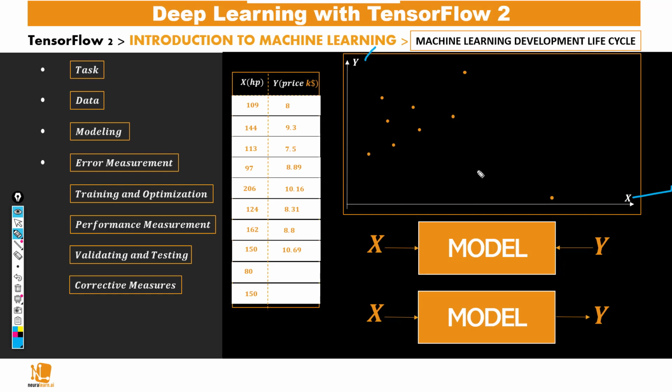That is, if we increase the horsepower, generally or overall, we have an increase in the current price. And if we reduce the horsepower, we have an overall reduction in the current price. Now, we may have this point here, which is what we call an outlier. We see that we have a very high horsepower, but the price is very low.